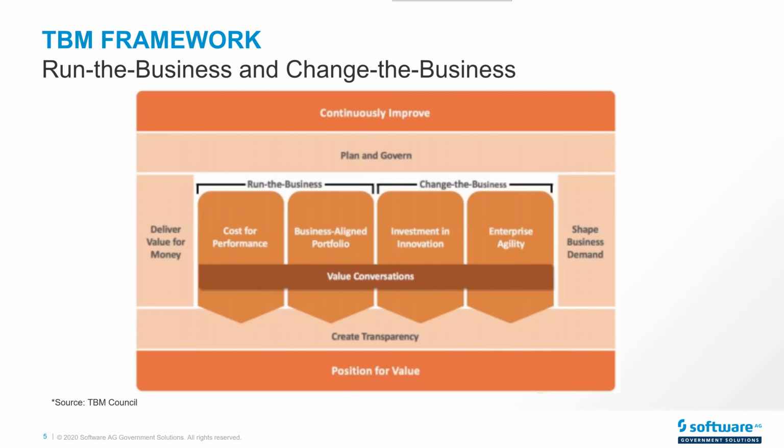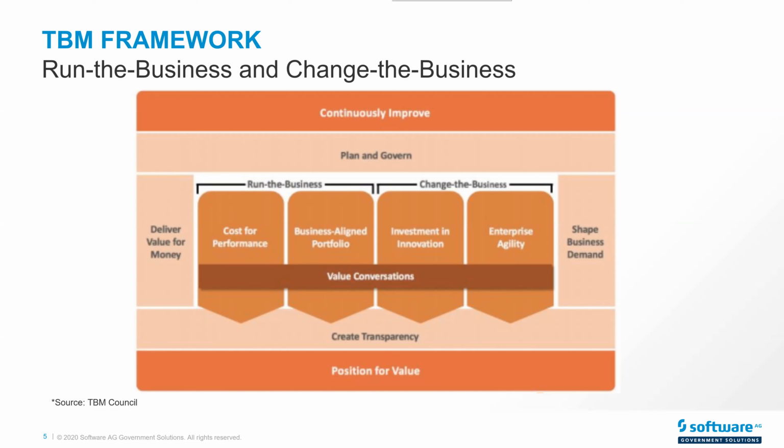The TBM framework, there's the framework and the taxonomy and then the model, but the framework is really about some key activities. And what we see across the top and the bottom is that we should be in a continuous improvement cycle that is always trying to optimize how we run our enterprise and how we run our agencies.